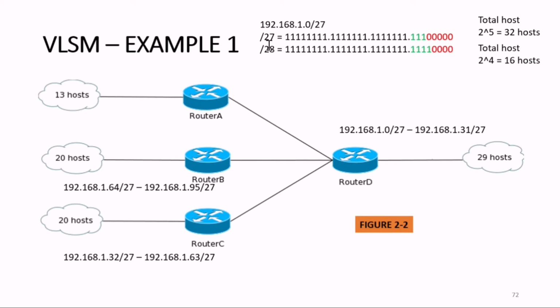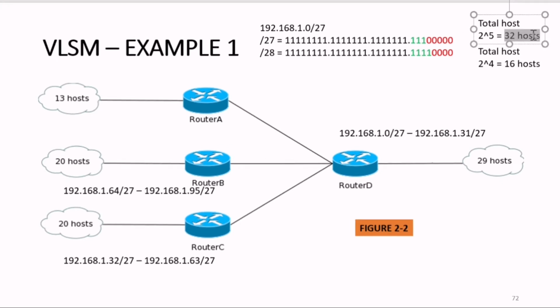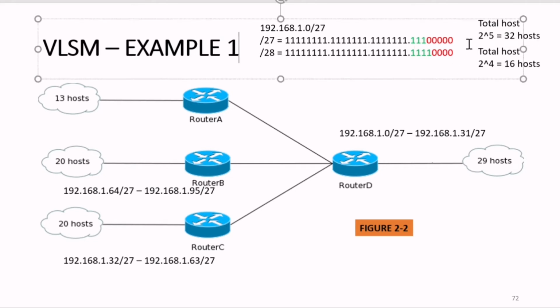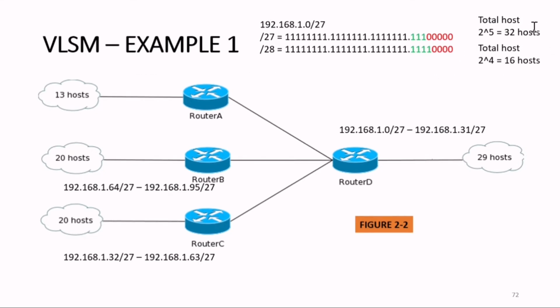That's why we use /28 subnet mask. If we use /27 subnet mask, the total host is 32 hosts, which we will waste 16 IP addresses. So that's why we use /28, which fits with the local address here.